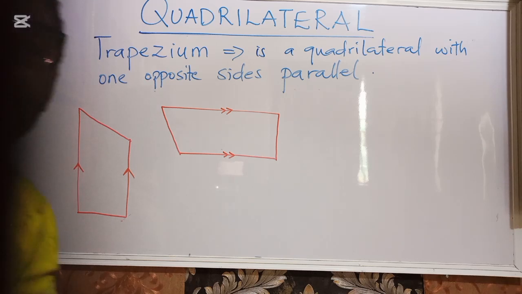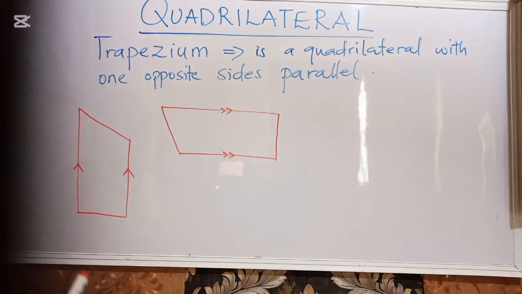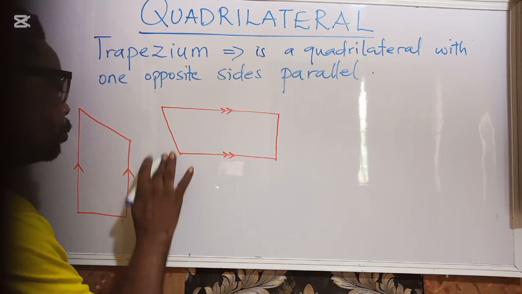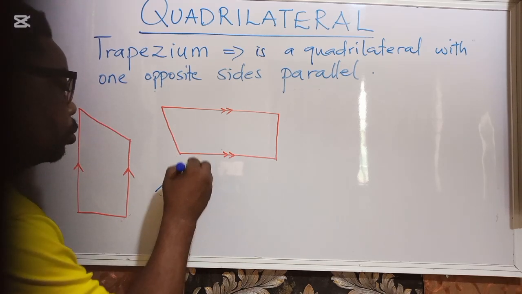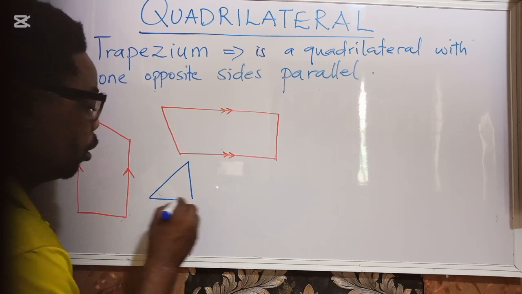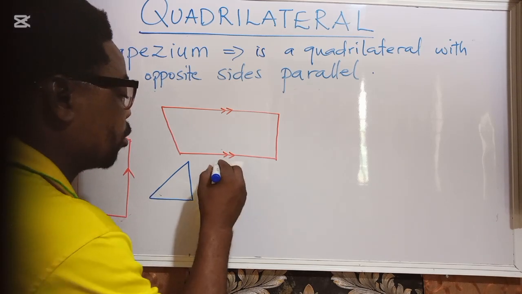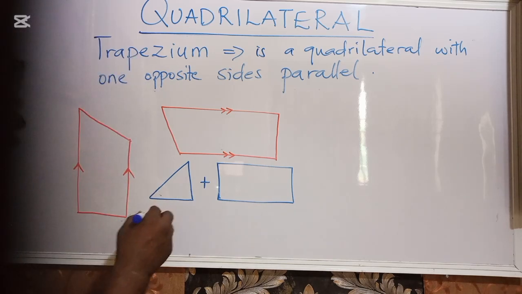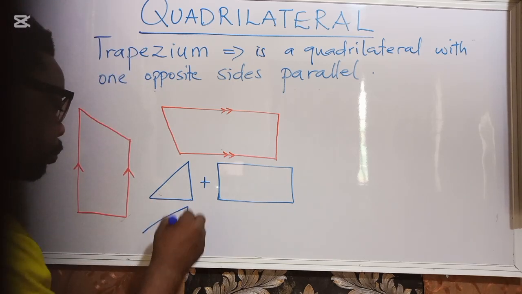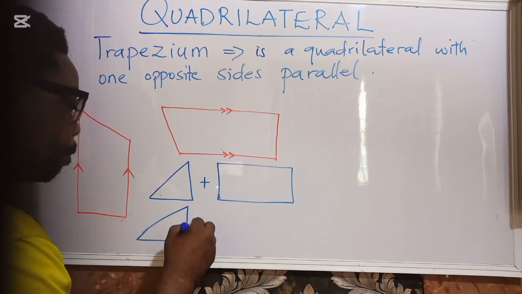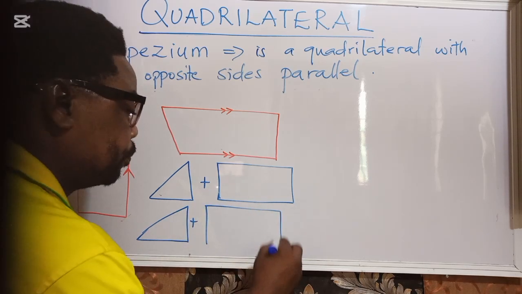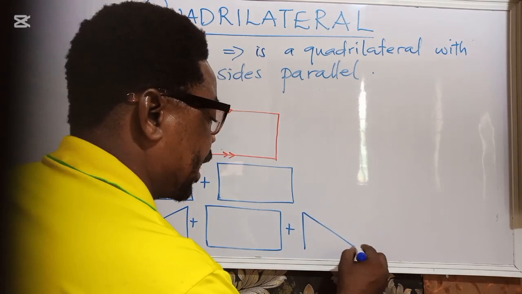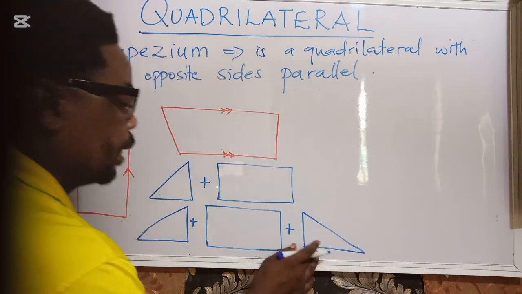Now, some people have argued that a trapezium is a right angle triangle plus a rectangle.